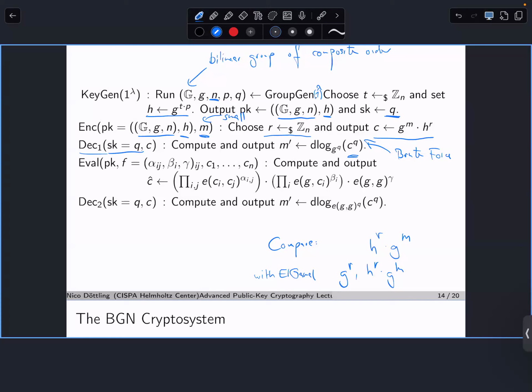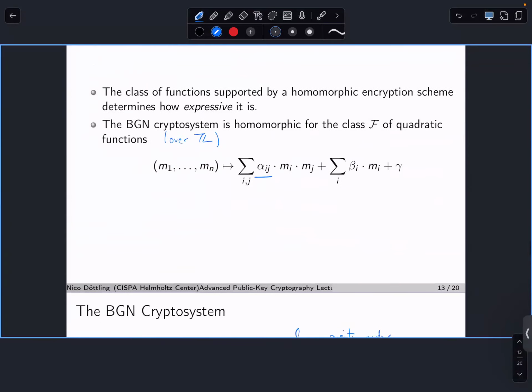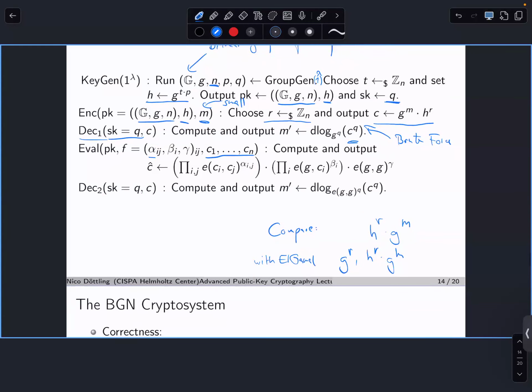All right. Good, but the interesting part here is homomorphic evaluation, right? Let's say we're being given ciphertexts C1 to Cn, and then, as before, these factors alpha ij, the coefficients of the quadratic monomials, the beta i, the coefficients of the linear monomials, and gamma, the constant term, and we do the natural thing, right?